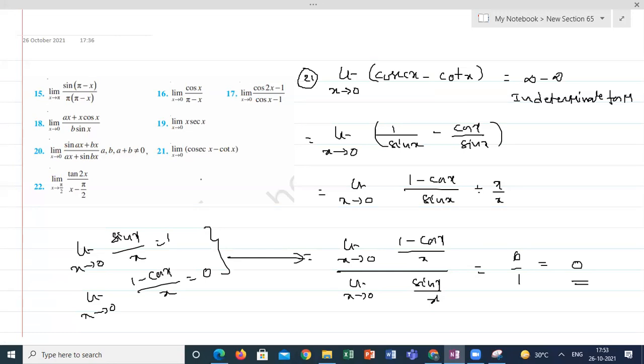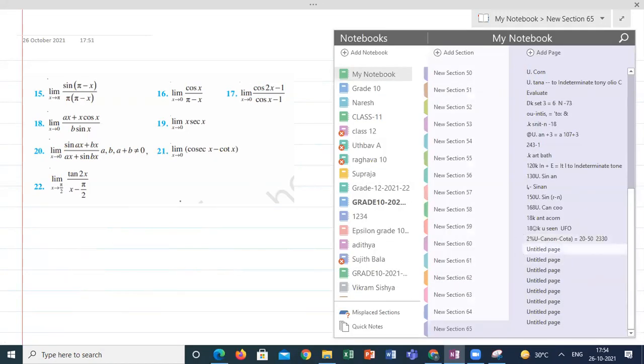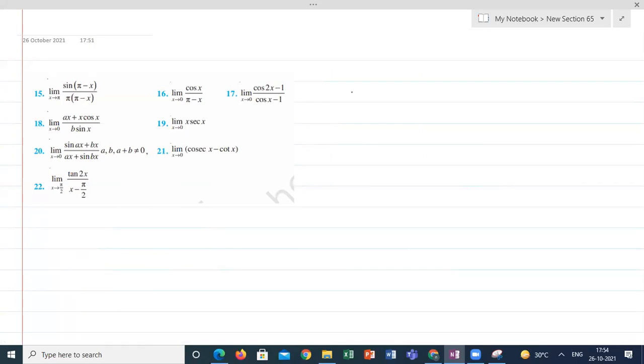You want to know how it is 0. Limit x tends to 0, (1 minus cos x) by x. If I substitute, 1 minus 1 by 0, so the answer is 0 by 0, an indeterminate form.